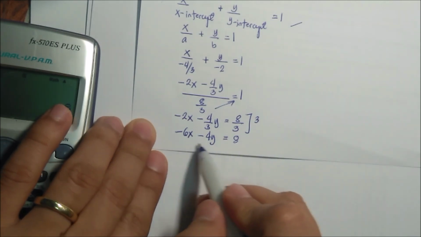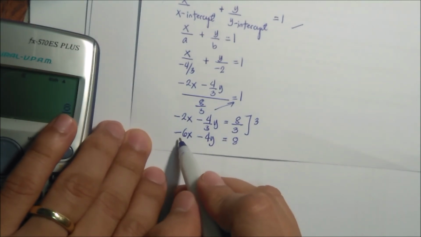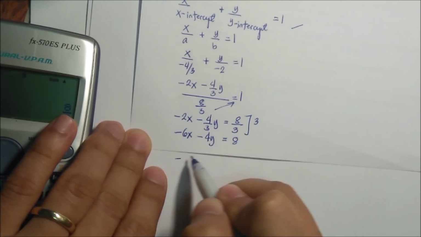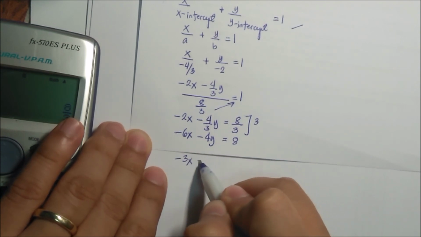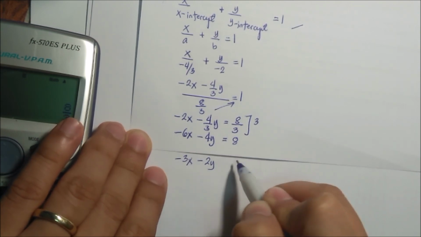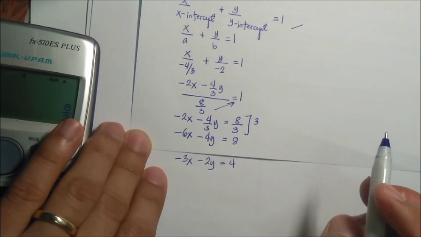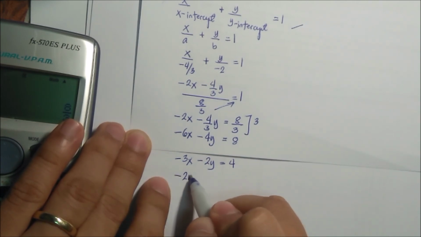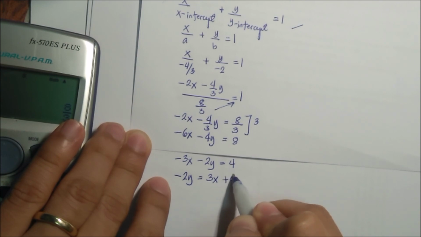Now we can divide both sides of the equation by 2. So negative 6x divided by 2, negative 3x minus 2y equals 4. Okay, so negative 2y is equal to 3x plus 4.